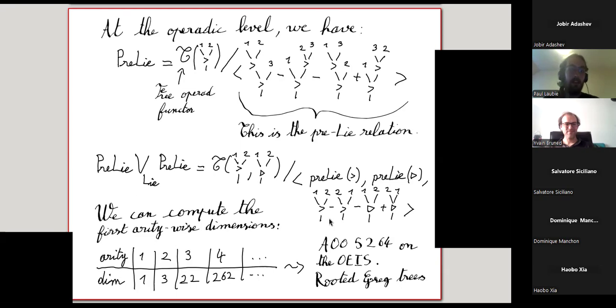Well, from this, we can compute the first arity-wise dimensions. We can compute them either by hand or using software. So in arity 1, we are in dimension 1 because I've already said that we usually impose that in arity 1, we only have the identity. In arity 2, I have something of dimension 3. Why?